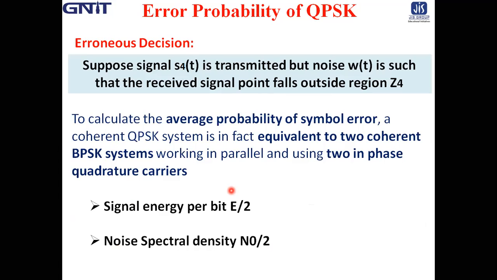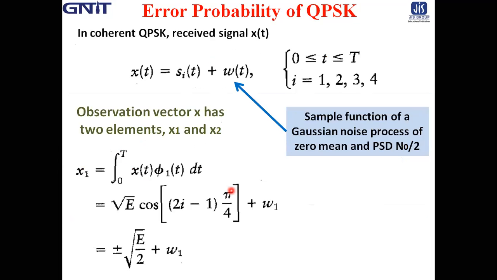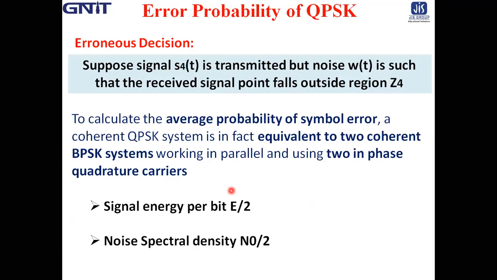Thus, according to expression 6, that is the two expressions X1 and X2, these two binary PSK systems may be characterized as follows: the signal energy per bit is E by 2 and the noise spectral density is N0 by 2.